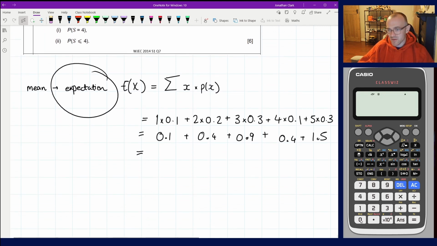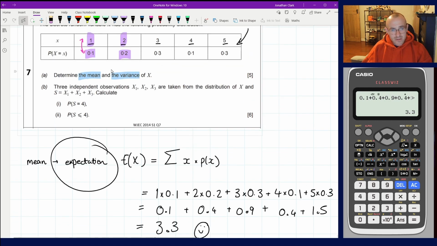So let's add up these values. One for the calculator, I think. 5 things to be added. No chance. There we go, 3.3. That seems quite reasonable to me. We'll go with it. Next thing was the variance.